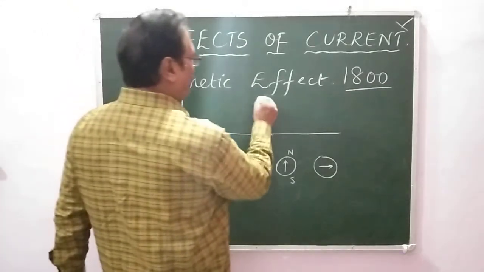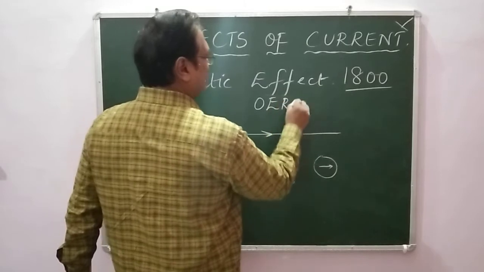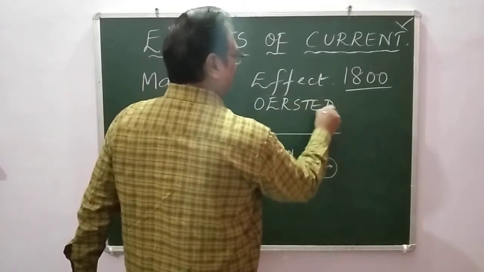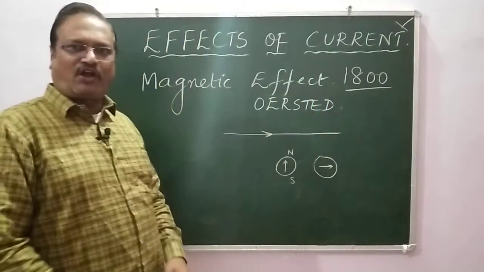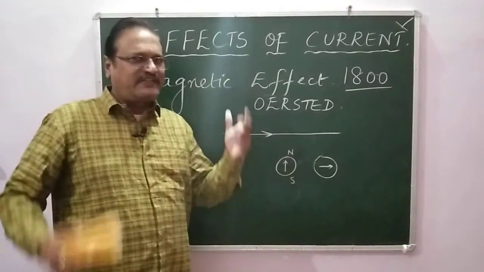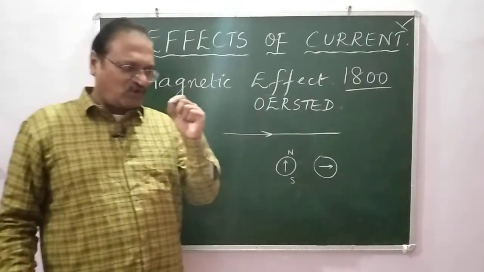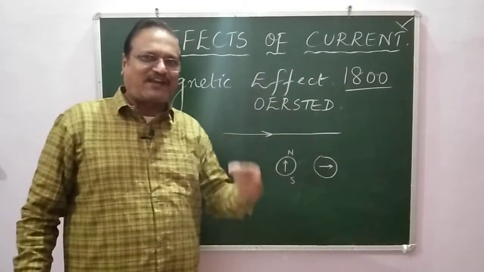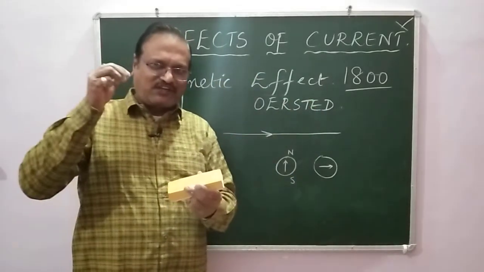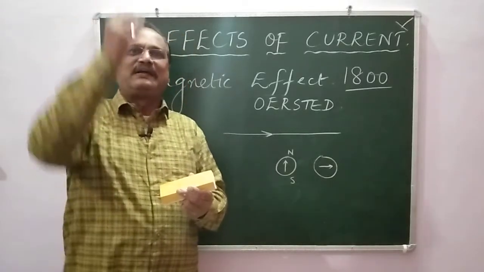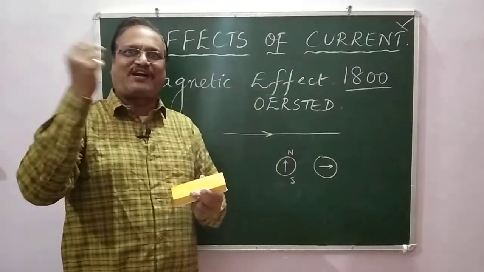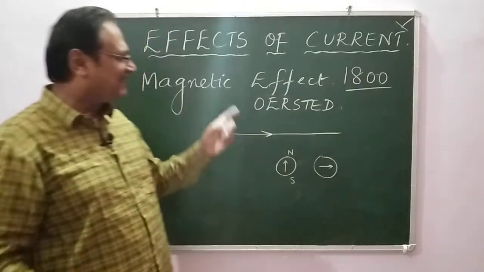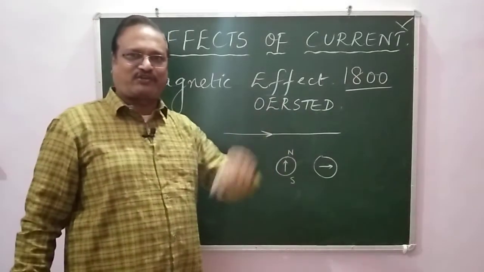His name is Christian Ørsted. Ørsted's experiment: when current flows through a wire, a magnetic field is produced around it. And that was discovered by Ørsted.